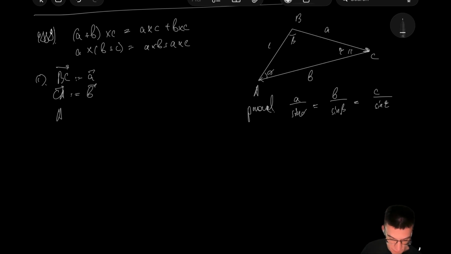And then another vector AB would be equal to vector C. All right, that makes sense. So what kind of property can we derive from here? If we try to sum A plus C, we can see that that would be minus B.